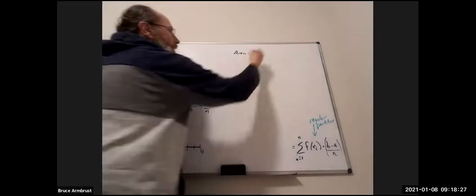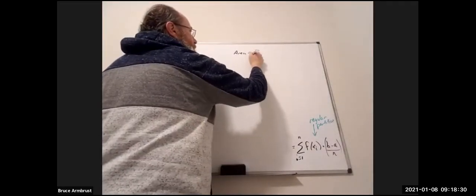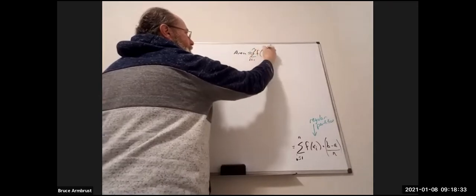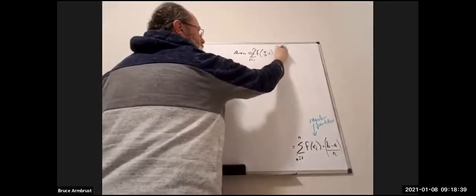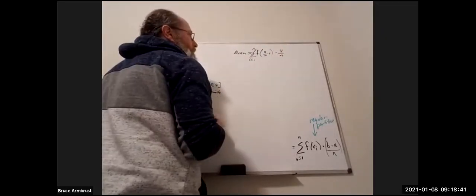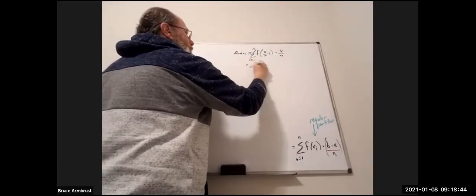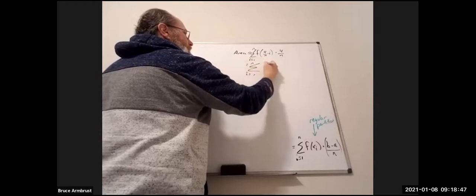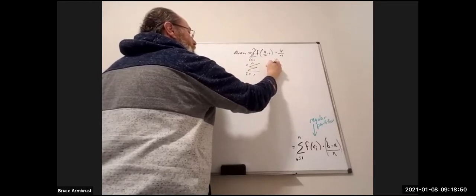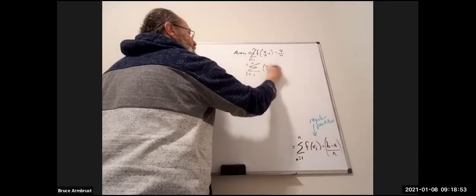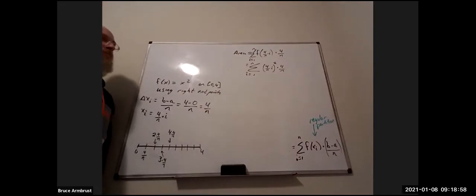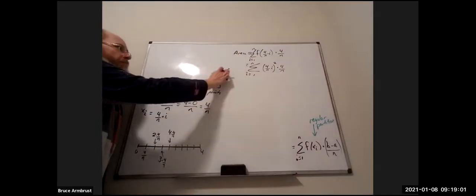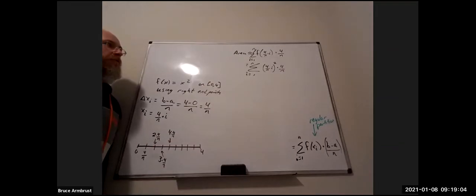But it's going to be the sum from 1 to n of f of 4 over n times i, times 4 over n. So that's the sum from i = 1 to n of (4 over n times i) squared, times 4 over n. So that 4 over n times i got squared because my function was x squared.